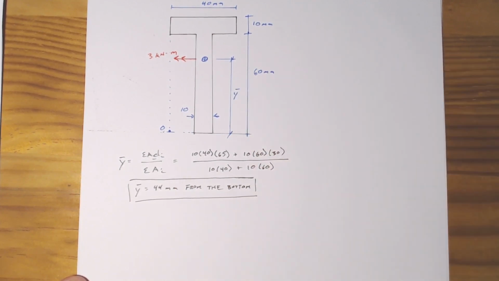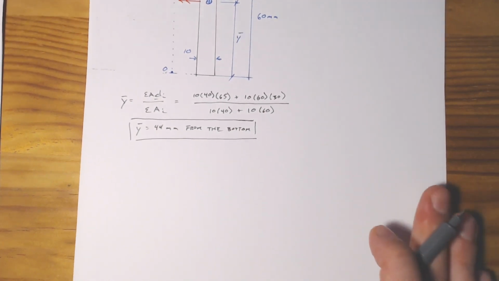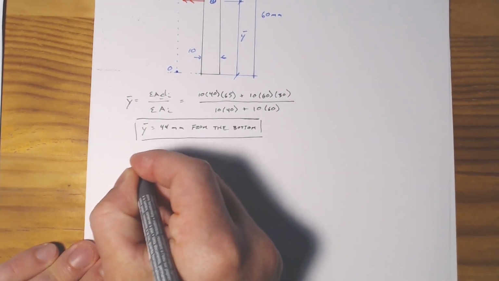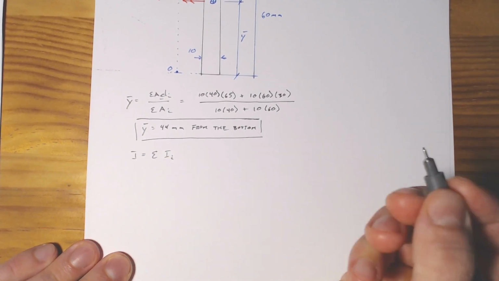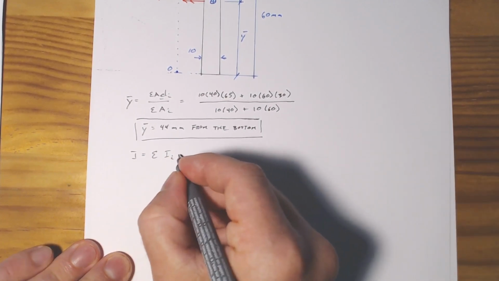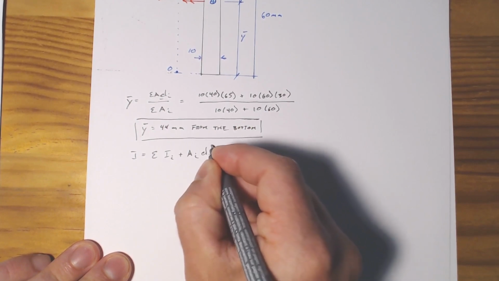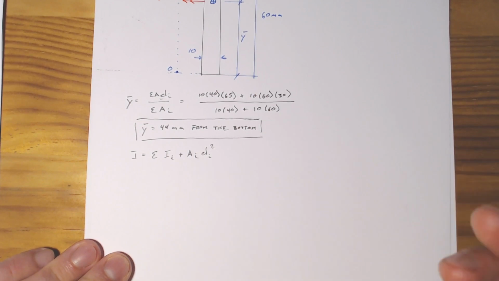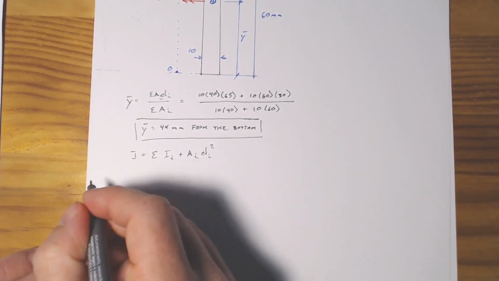There we go. Now that we have y bar, we can work out I, and we're going to use the parallel axis theorem. I is simply the sum of the moments of inertia about their own centroids of each little piece, plus the area of each piece multiplied by the distance from the centroid of that piece to the centroid of the entire section, squared.